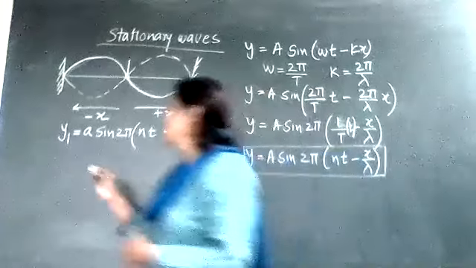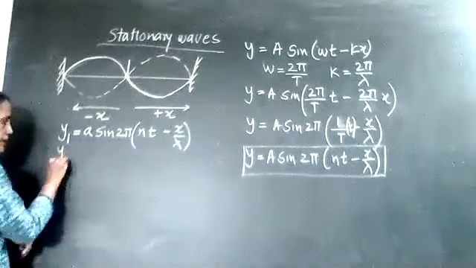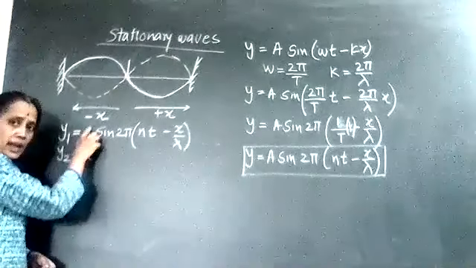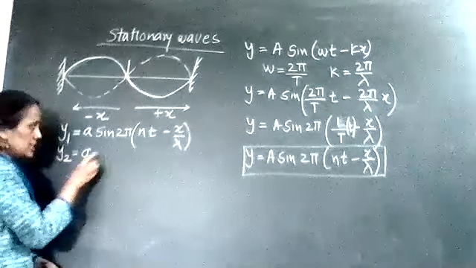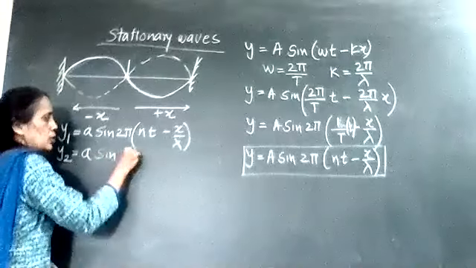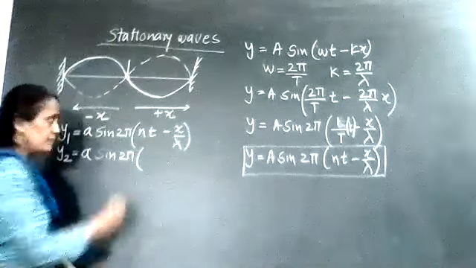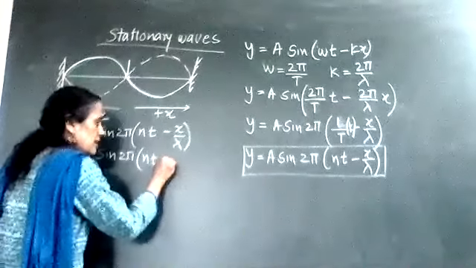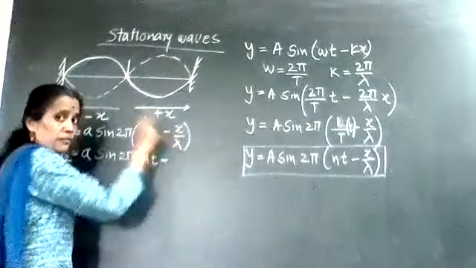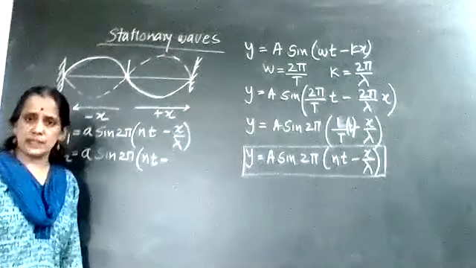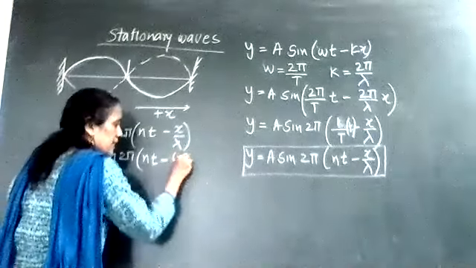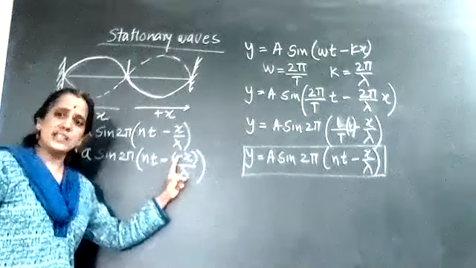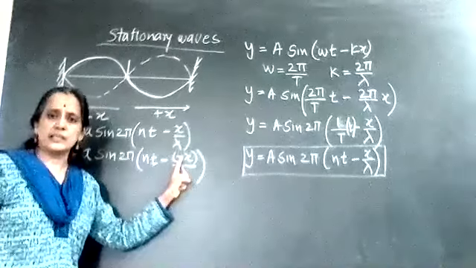Now I can write the equation for the second wave. The displacement is y2, which is equal to, again the amplitude is the same, so a as it is, sine of 2 pi in bracket, frequency the same, so nt as it is, minus, now the first wave is traveling along the positive x-axis, which means the second wave is traveling along the negative x-axis, therefore I write a minus here.